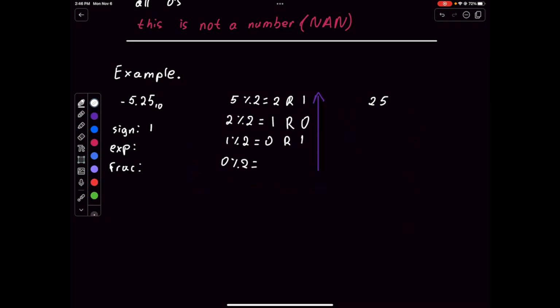Now let's try to deal with the 0.25. I forgot to put the point. So 0.25, we're going to multiply that by 2. We're going to say that's equal to 0.50. I'm going to say remainder, but it's not a remainder, but you can just treat it as such.